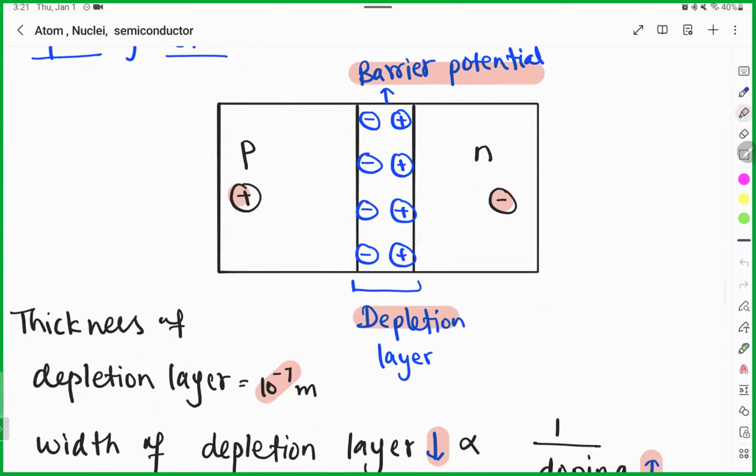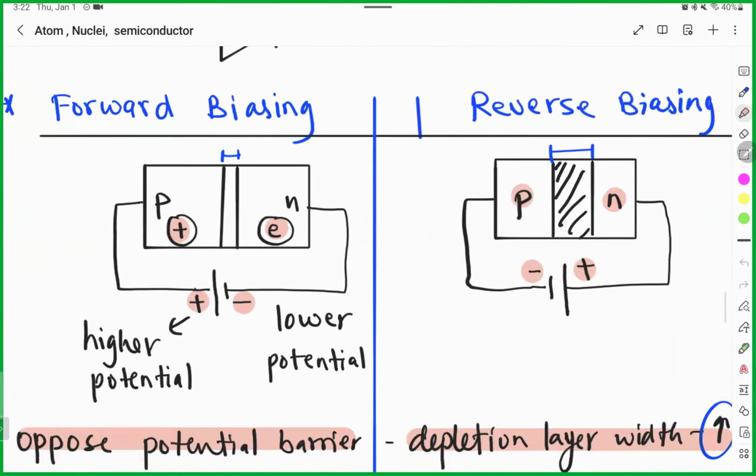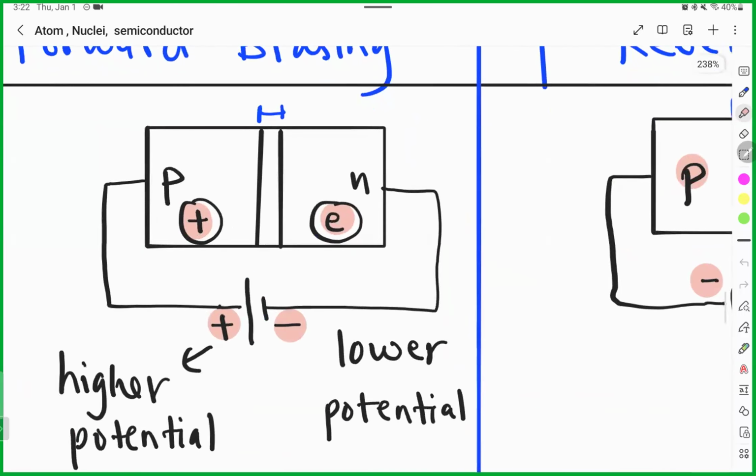Because, for example, if you have forward bias, then the P side will have higher potential, like this. The P side will have higher potential, and the holes and the negative side will try to repel each other. In the same way, electrons and this negative side will repel each other.